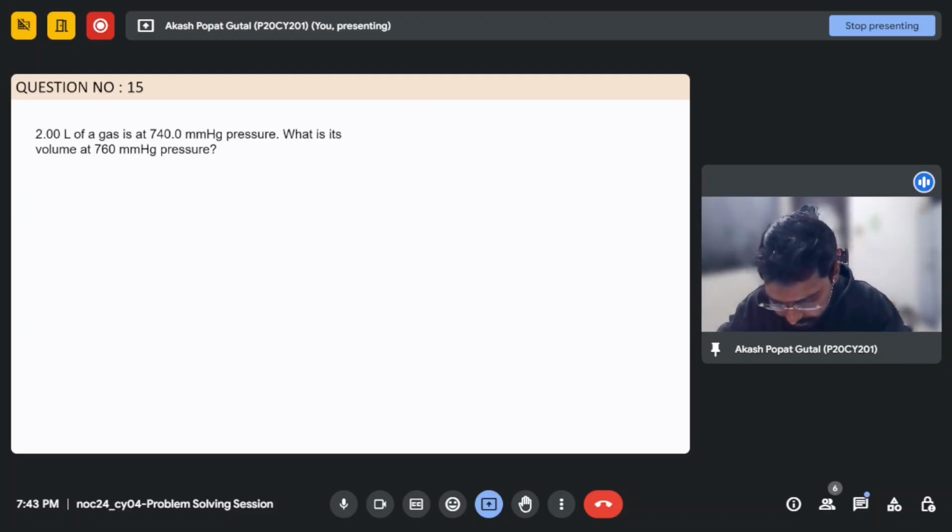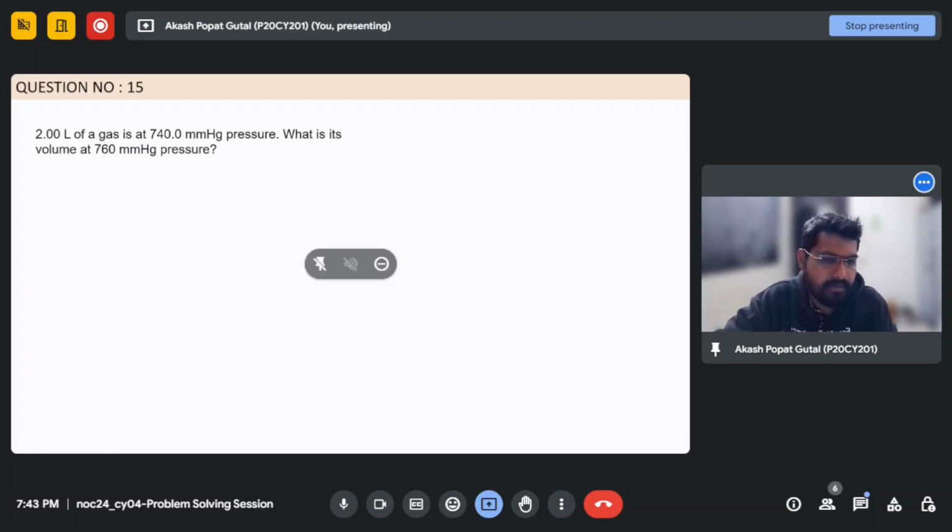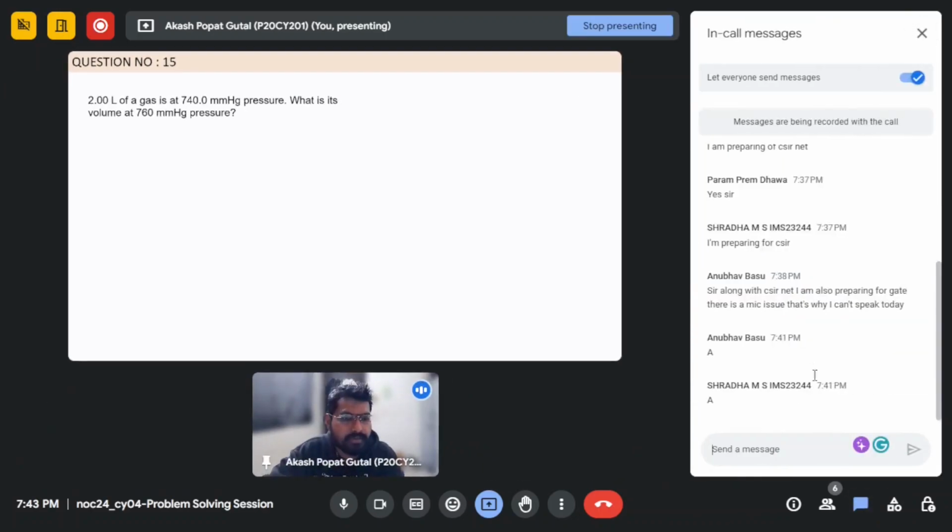So question number 15: 2 liters of gas is at 740 mm of Hg pressure. What is its volume at 760 mm of Hg pressure? Can you find out the answer? Let's wait for someone who is able to answer.